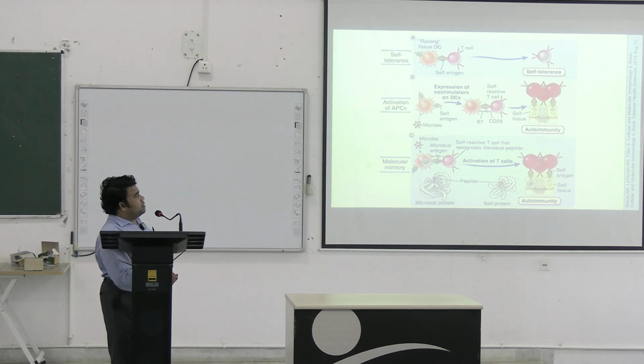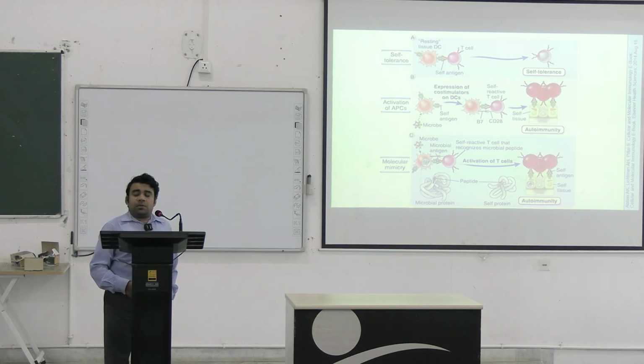Furthermore, these self-antigens can then cause autoimmunity, or what I have earlier called molecular mimicry. What happens is that when a microbial agent is being destroyed by the immune system, various types of proteins are expressed as antigens.